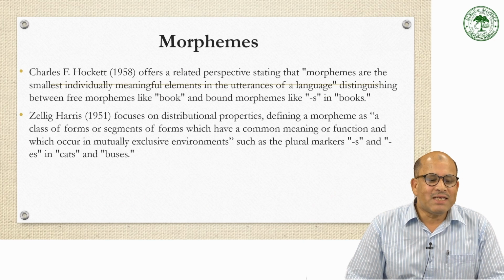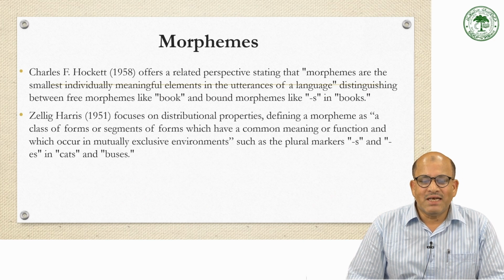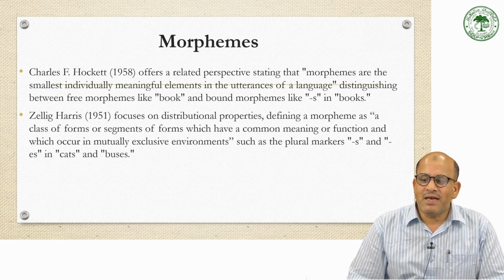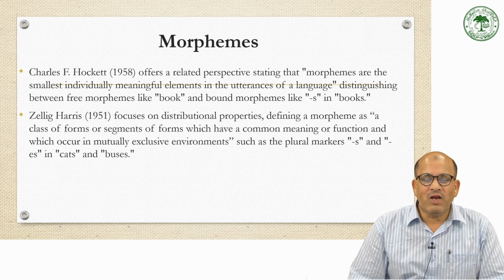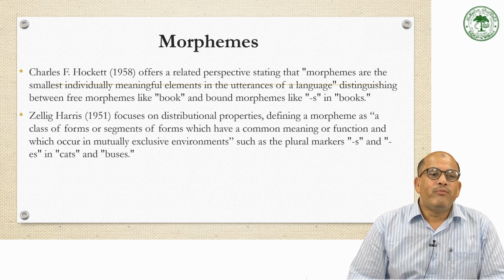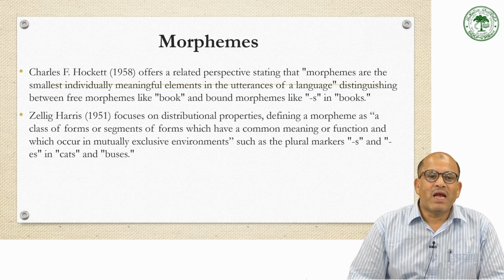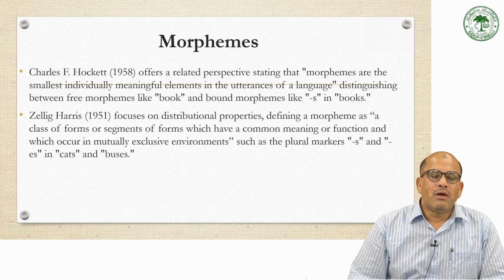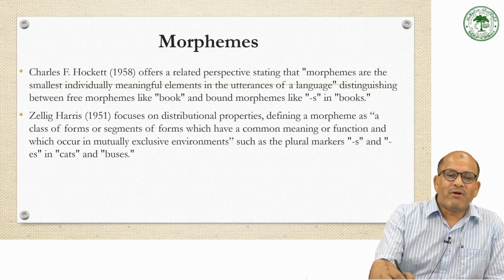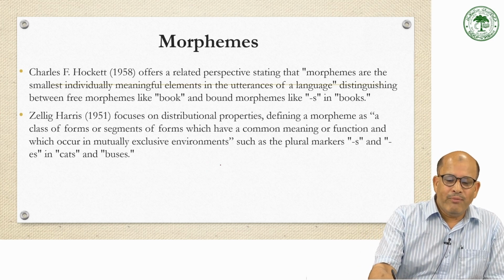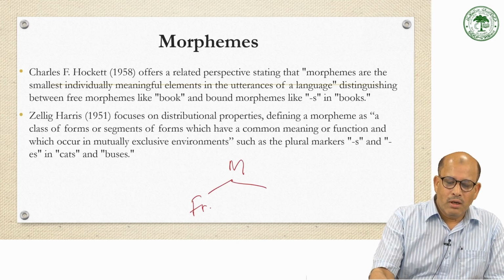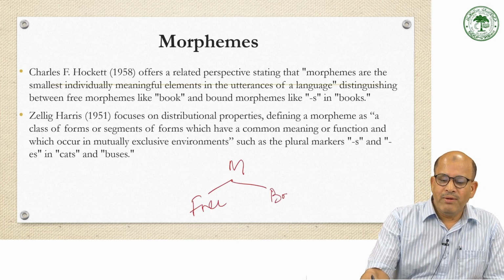If you look at Charles F. Hockett, who offers a related perspective, stating that morphemes are the smallest individually meaningful elements in the utterance of a language, distinguishing between free morphemes like book and bound morphemes like s in books. Here I would like to make clear to all our learners, when we say free and bound, a morpheme may be free or it may be bound.